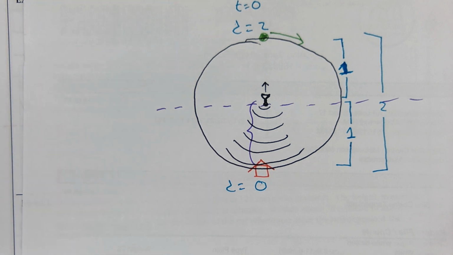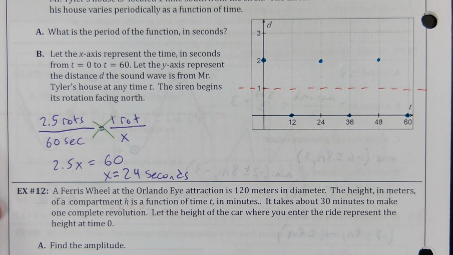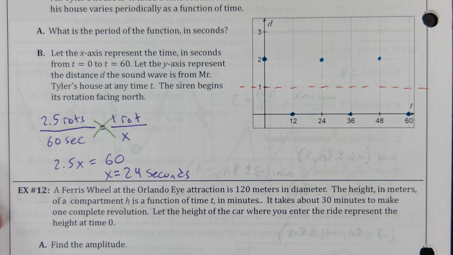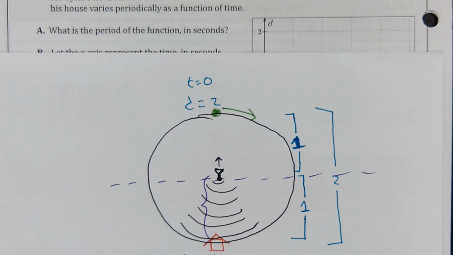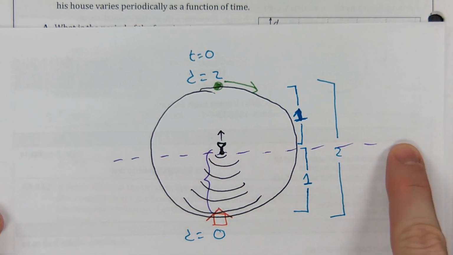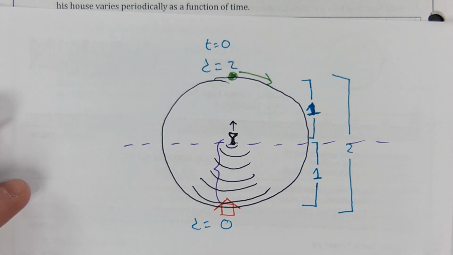So Adi, the radius is 1. What does that represent in my graph? The amplitude. There it is. The radius of the system will always be the amplitude of the graph. The center of the system will always be the midline of the graph.